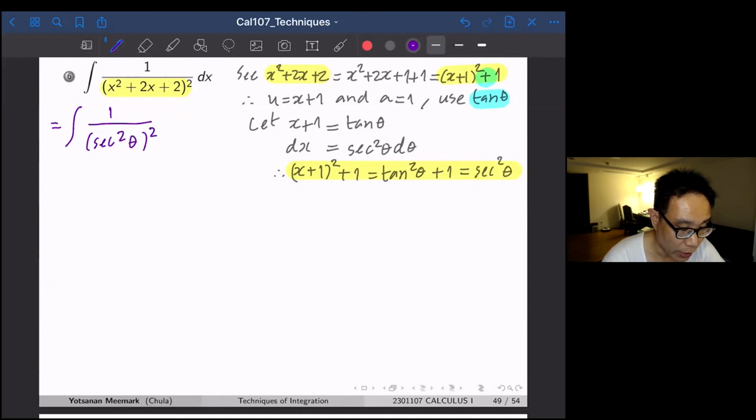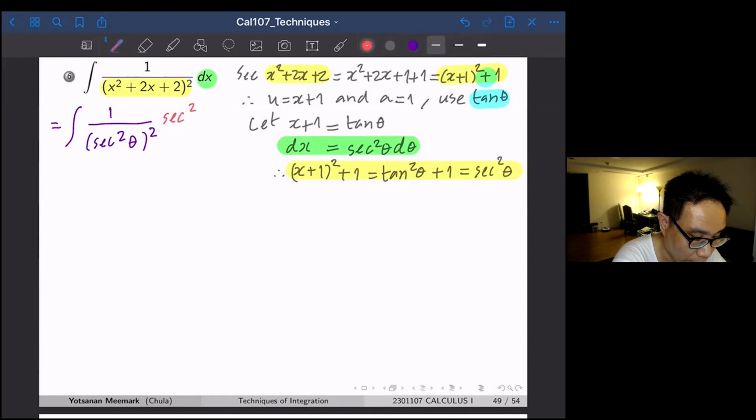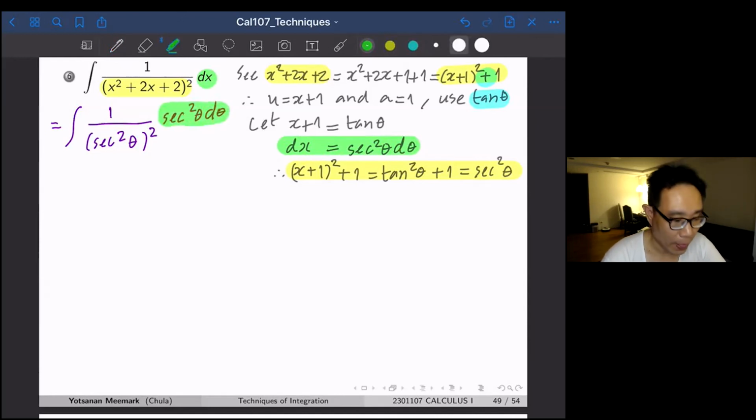And what is dx? Dx will be the green color. Dx is gonna be secant square theta d theta. Okay.